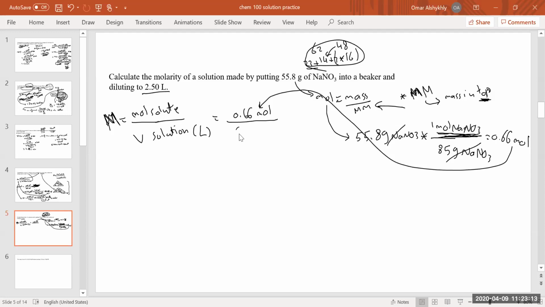Okay, here 2.50 liter. Now let's do the math. Let's divide it by 2.50, and that will give me 0.26 mole per liter, or you can say 0.26 molar, capital M.